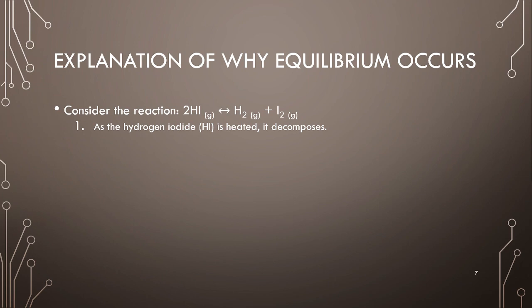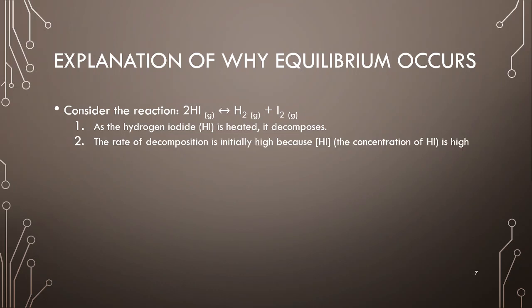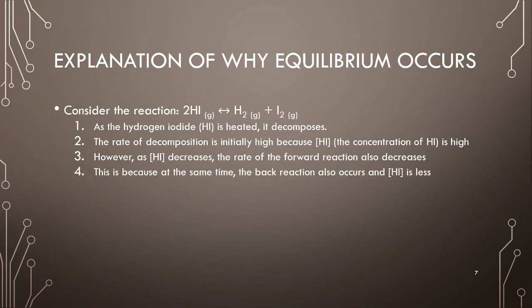Okay. So, 1. As the hydrogen iodide HI is heated, it decomposes. The rate of decomposition is initially high because the concentration of HI is high. However, as HI concentration decreases, the rate of the forward reaction also decreases. This is because at the same time, the back reaction also occurs and HI concentration is less compared to the beginning.